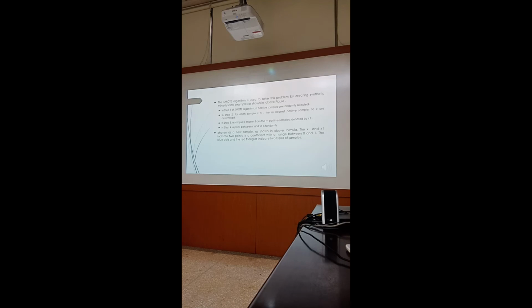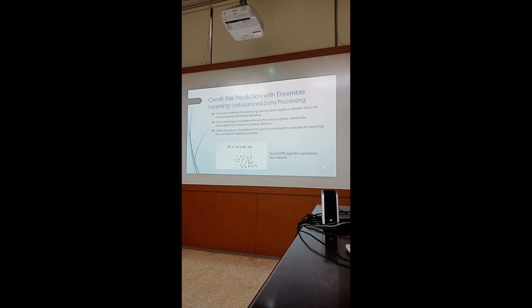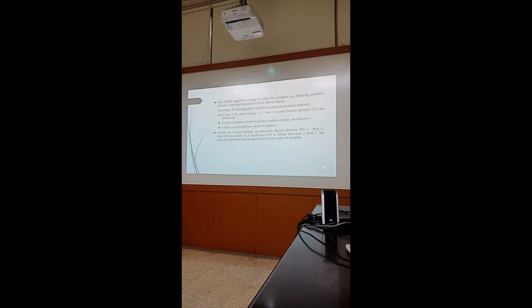Step 4: a point between x and x1 is randomly chosen. The new sample is given by the formula on the last slide, where x and x1 indicate two points and alpha is a coefficient with a range between 0 and 1. The blue dots and the red triangles here indicate two types of samples.